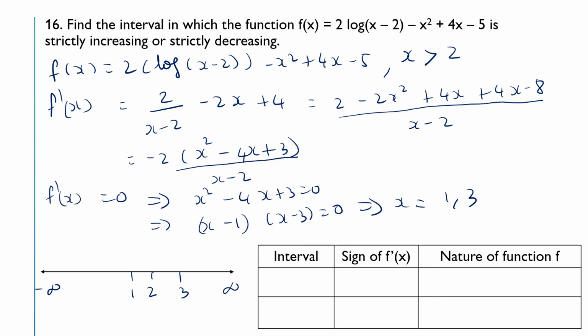So here the sign of f dash of x is positive, which means the function is strictly increasing. So in the interval 2 comma 3, the sign of f dash of x is positive and the nature of function f is strictly increasing.